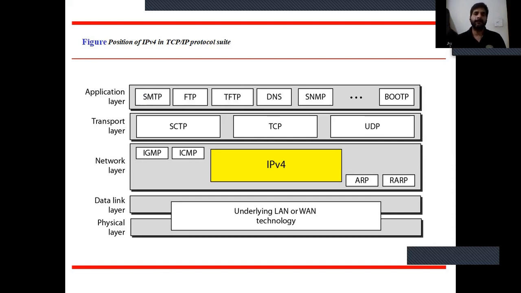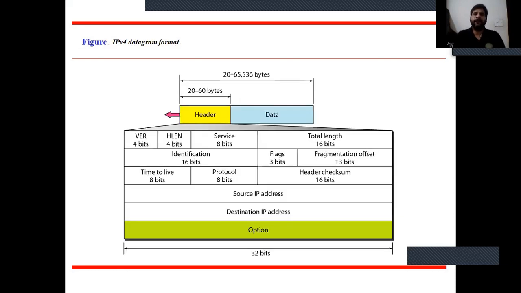Next is the transport layer, which contains the Stream Control Transmission Protocol, Transmission Control Protocol, and User Datagram Protocol. Then the network layer, which contains IPv4, and the physical layer, which underlies the LAN and WAN technologies. So the IPv4 datagram format is like that.